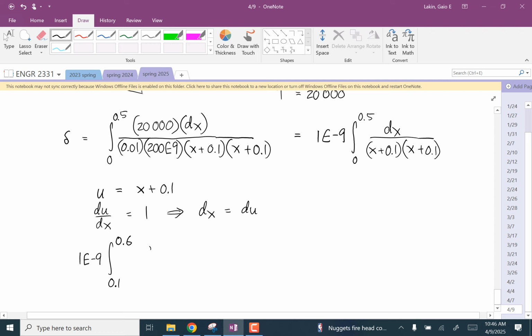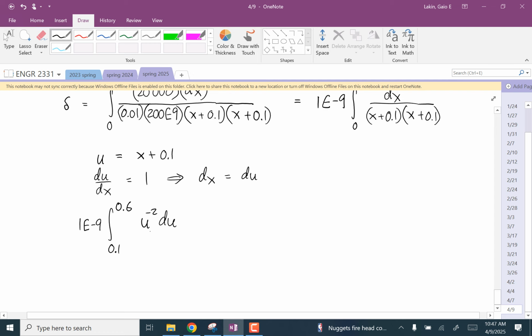And now we have du over u squared, or in other words, u to the minus 2 du. And so that's 1 times 10 to the minus 9 times negative 1 over u, evaluated from 0.1 to 0.6.